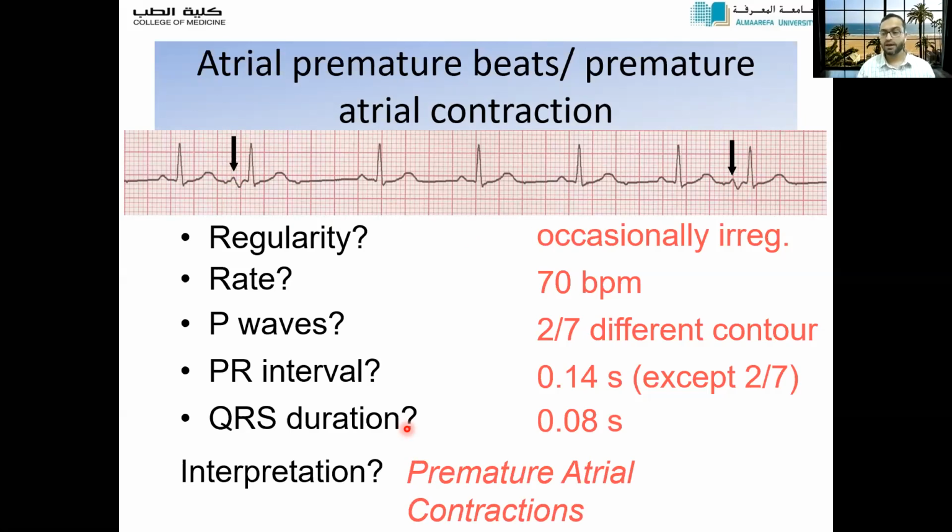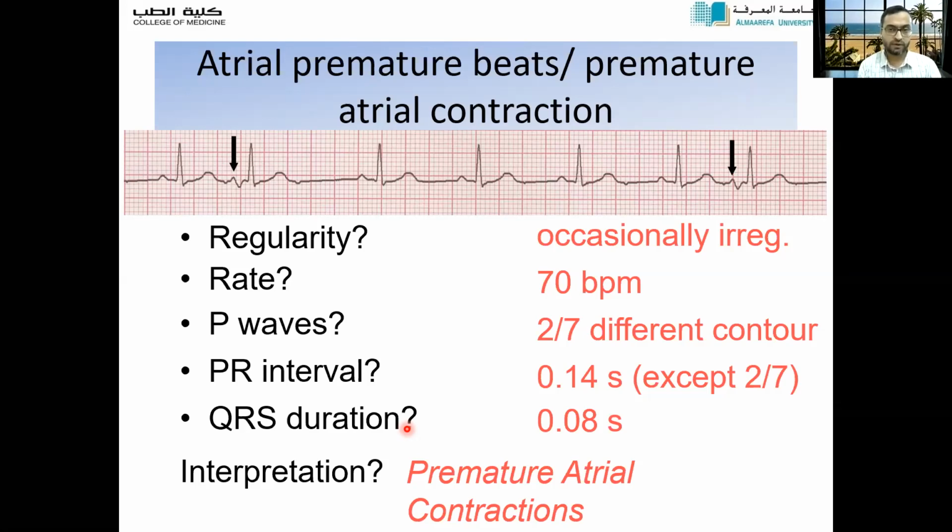This doesn't always have to be pathological. This can be seen in non-pathological conditions also, like when you are stressed, smoking too much, or taking too much coffee just before the exams. But some premature atrial beats can be pathological and can later be converted to serious arrhythmias.